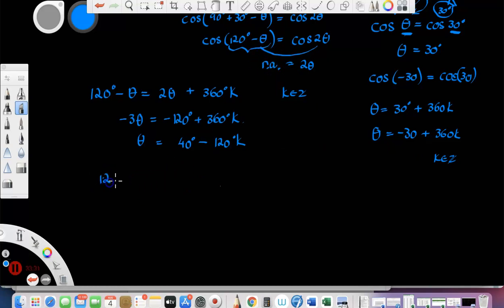So the other solution is taking 120 degrees minus theta is equal to negative 2 theta plus 360 times k. So now when I add this on both sides, I get theta is equal to negative 120 degrees plus 360 times k. Both of these would be general solutions.